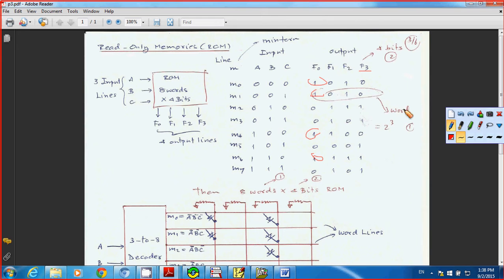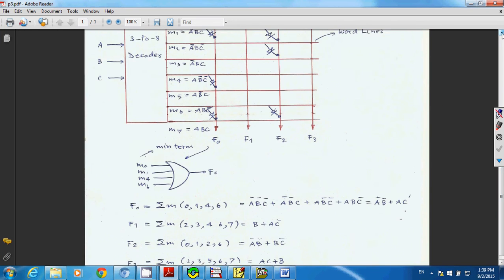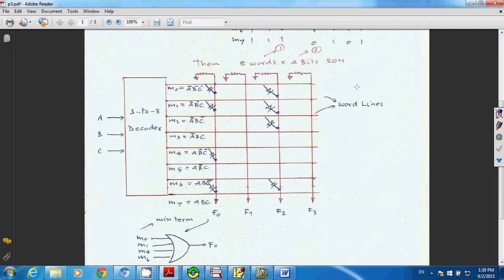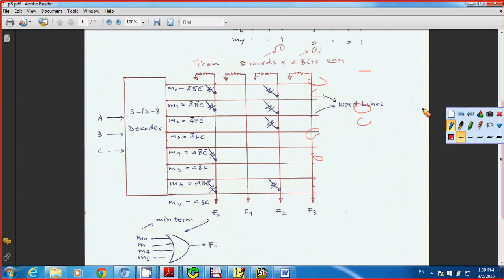When you're talking about a min-term, you need to connect M0, right? Just take a look at the logic 1. So you have 2, 3, 5, 6, 7. Oh, sorry. I just leave it like this. So you have what?